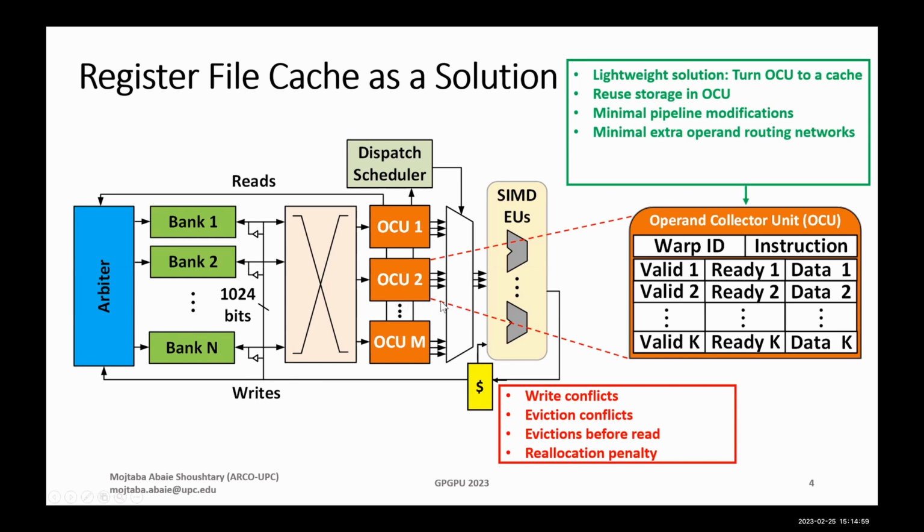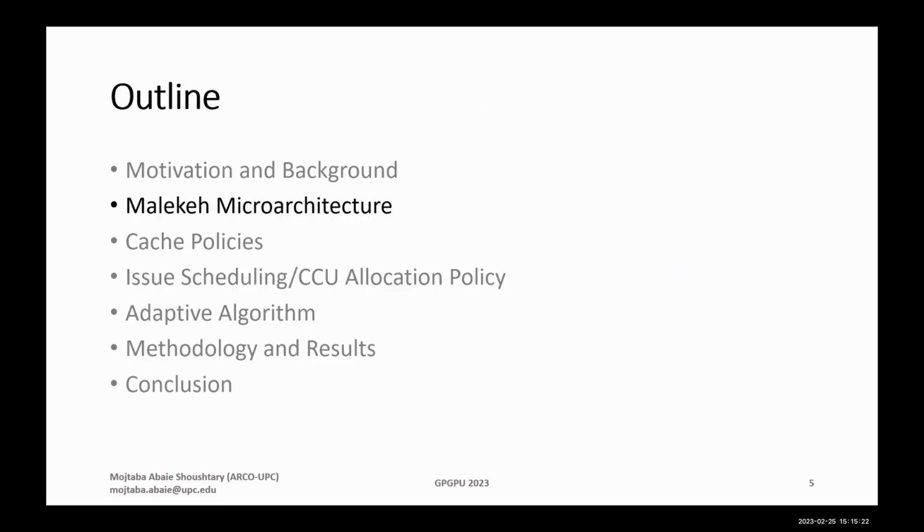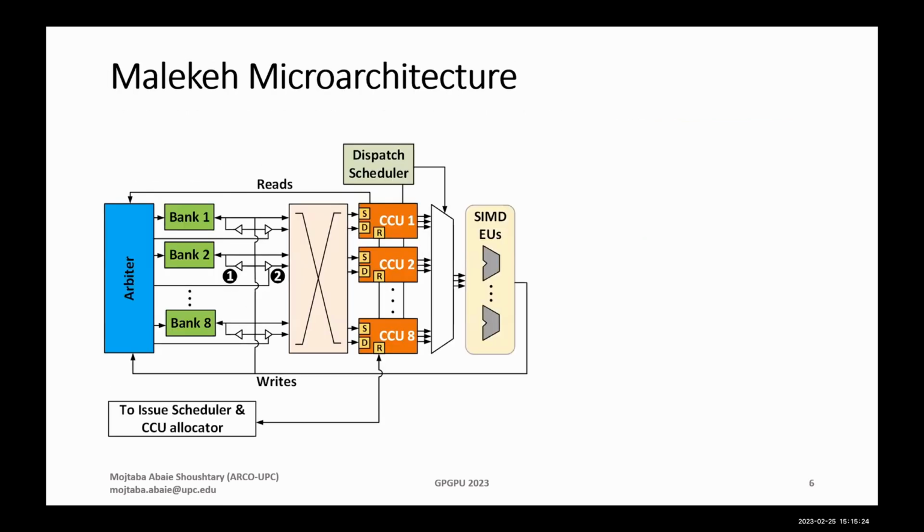It's already there. And we were focusing to unleash the full potential by tailoring the policies. And we observed that the policies can have enormous effect for efficiency of this system. So the microarchitecture for Malekeh has changed this way.